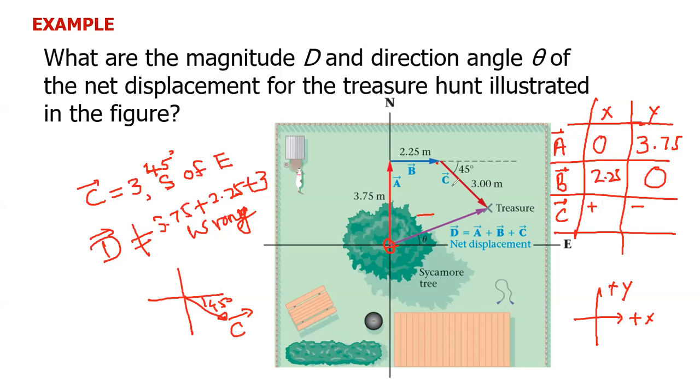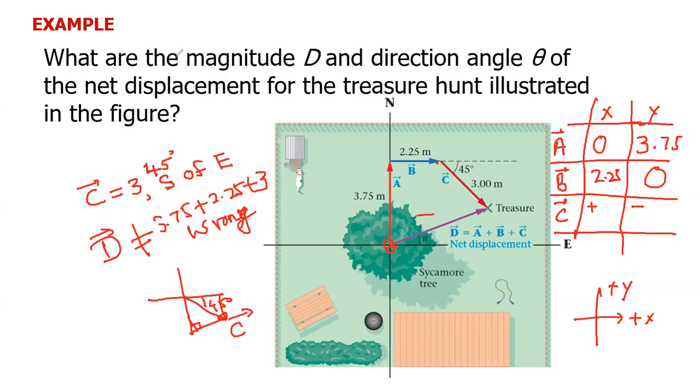Ask yourself why it is negative. My drawing is again not perfect, but you see that Cy is negative. Okay, all right, and you can figure out Cx, Cy, that's why we learned earlier.